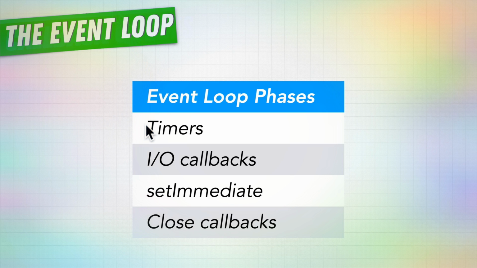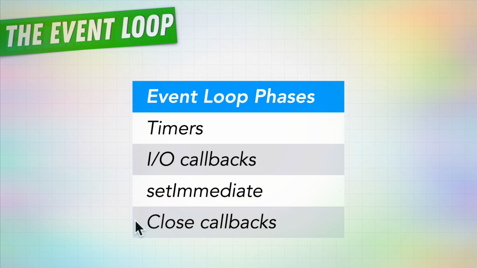There's one for timers, one for input-output events, one for setImmediate, and one for close callbacks. Each of these phases has their own queue of callbacks that are executed during that phase.